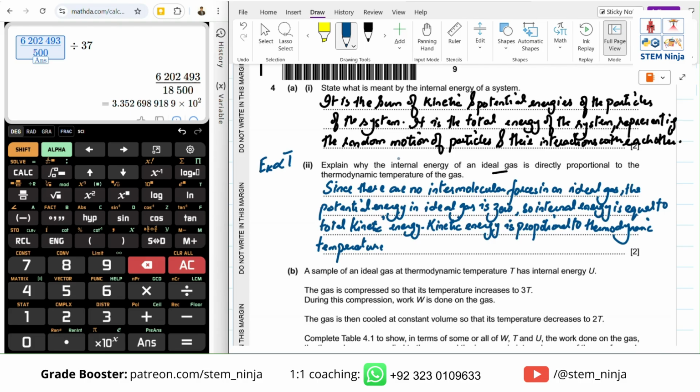So therefore now we need to connect internal energy with thermodynamic temperature. So internal energy is proportional to thermodynamic temperature.